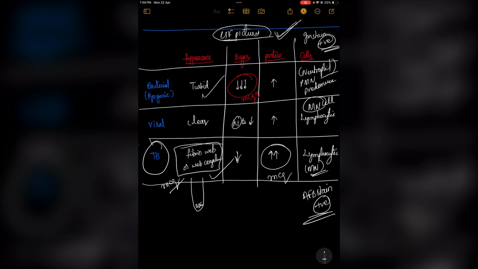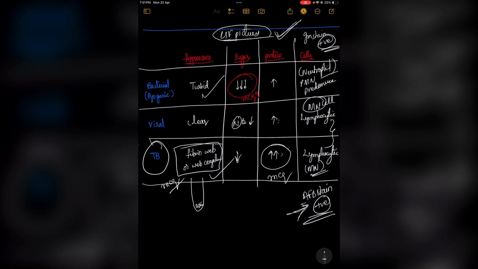If the protein content is high, you cannot differentiate between viral and TB. Then you need another clue like AFB stain, any picture of TB bacilli, or CBNAAT coming positive, or fibrin web coagulum's gross picture. If they give lymphocytic predominance and protein high, you cannot differentiate with these two clues.